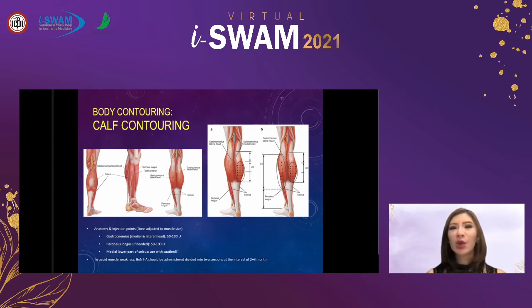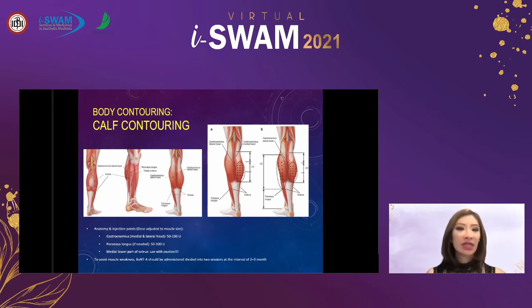I think there's no fixed formula for how many points you have to inject, but you have to assess the patients. So what you can give is 5 units per injection, with 1 to 2 centimeters away from each point. And on one side, I usually give up to 60 units maximum.